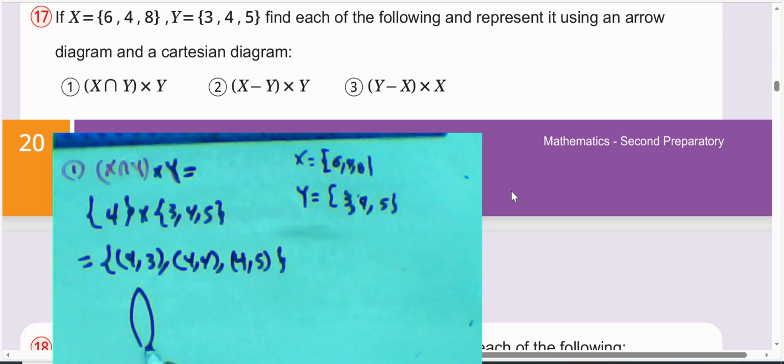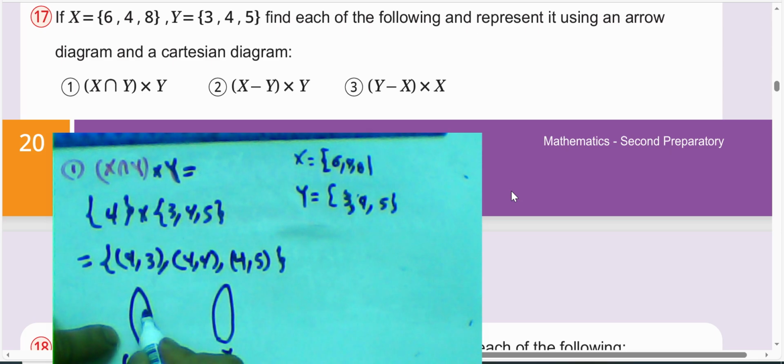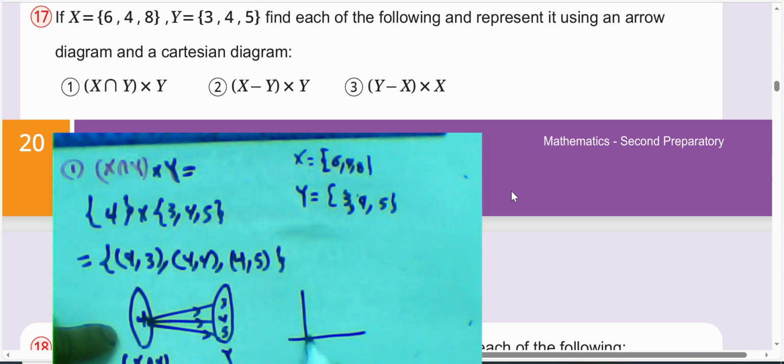The arrow diagram is about the first, x intersection y, and second y. The intersection was 4 and we have 3, 4, 5. We can draw like this, and then the Cartesian diagram for the first question. We can draw x intersection y down, the element of it is 4, and here y we have 3, 4, and 5 like this.